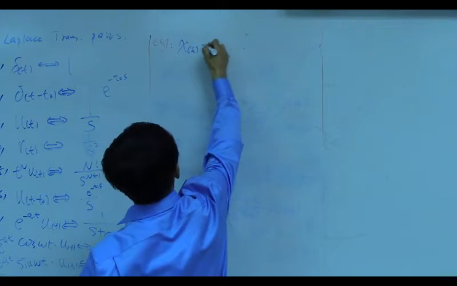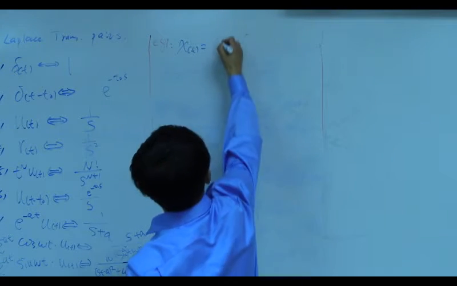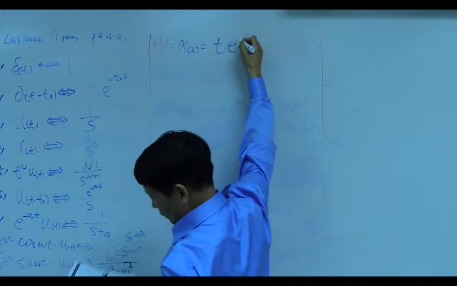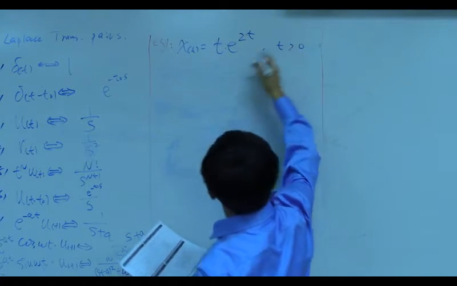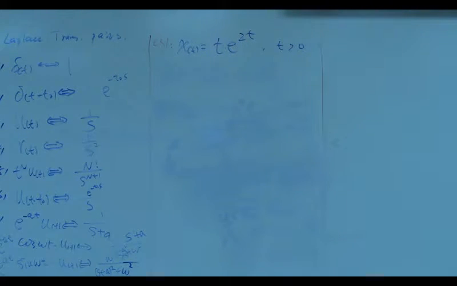x(t) equals t times e to the 2t. Again, t is greater than 0. This one. Look at the properties on the left.